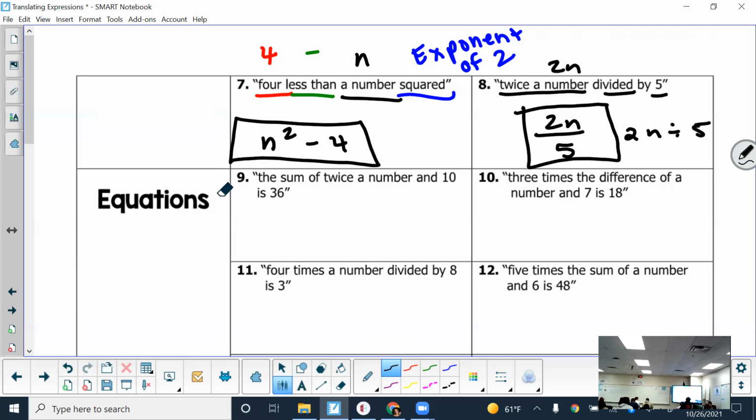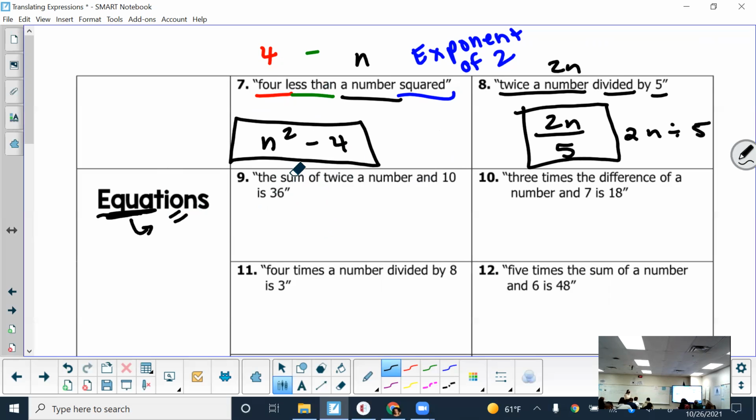All right, down here we have equations. So how are equations different from what we were doing like up here? Good, equations have equal signs. Like look at the first 4 letters, it almost spells equal. So now we're just incorporating equal signs in there. So like the sum of twice a number and 10 is 36.